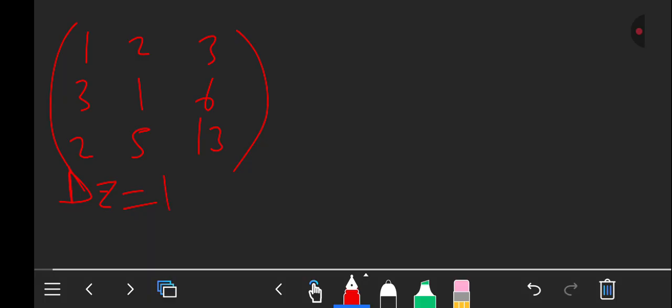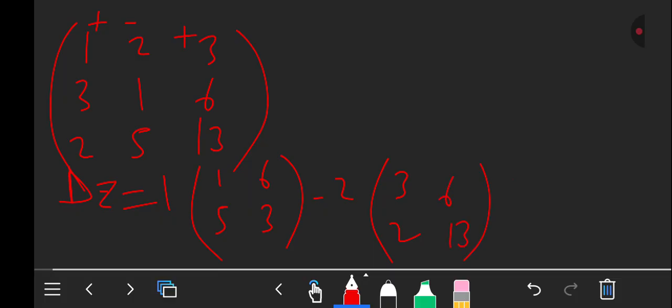So it will be plus 1, we form a matrix. So the matrix will be 1, 5, 6, 3. Then there that was plus, minus, plus. So -2. We form another matrix. The matrix we're going to have, it is 3, 2, 6, 13.